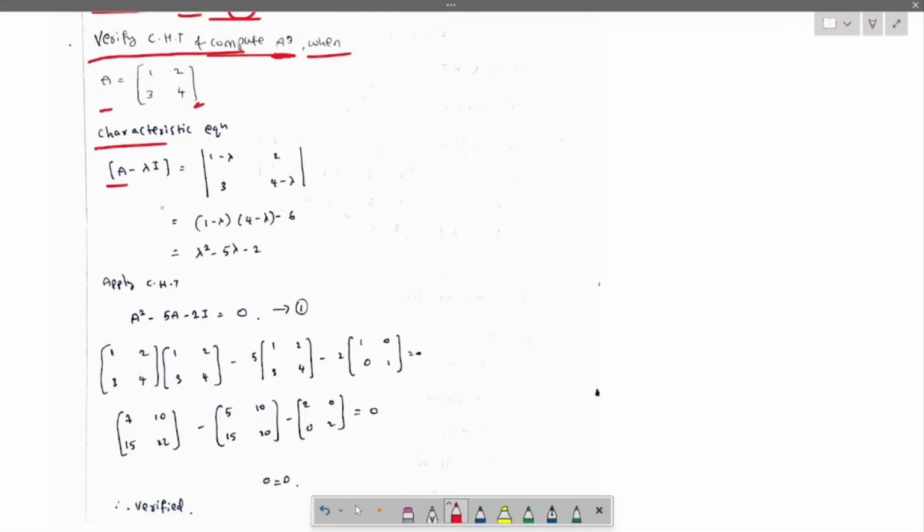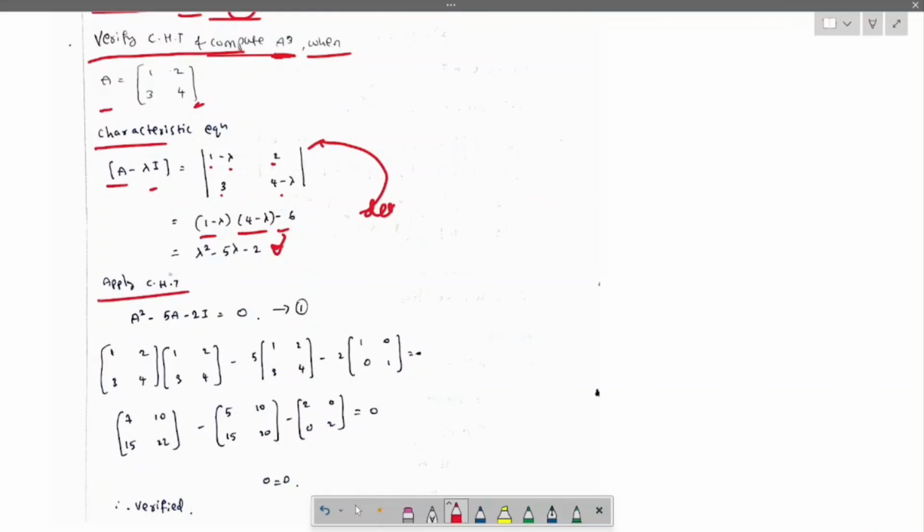A minus lambda I: on the diagonal, 1 minus lambda and 4 minus lambda, with 2 and 3 off the diagonal. When you take the determinant, you get (1 minus lambda)(4 minus lambda) minus 2 times 3, which is 6. When you simplify this, you will get this.